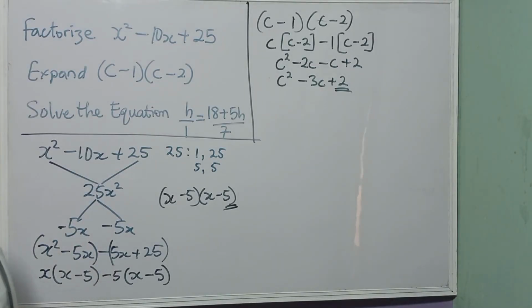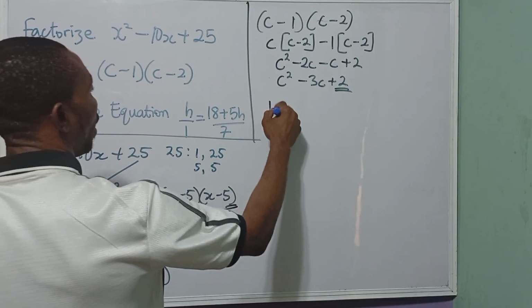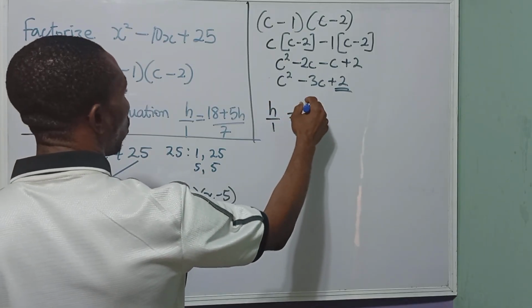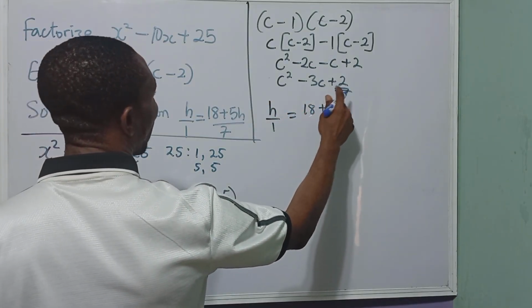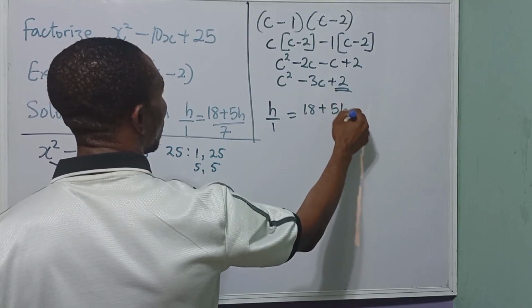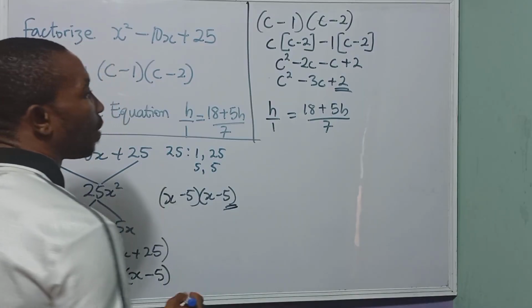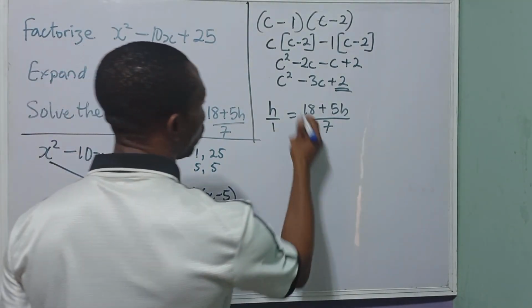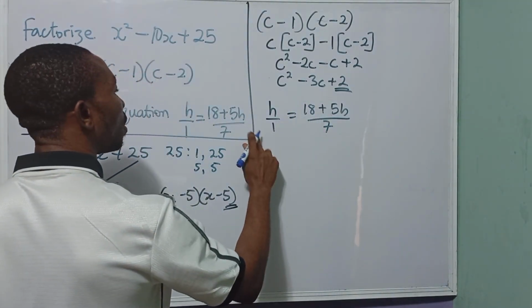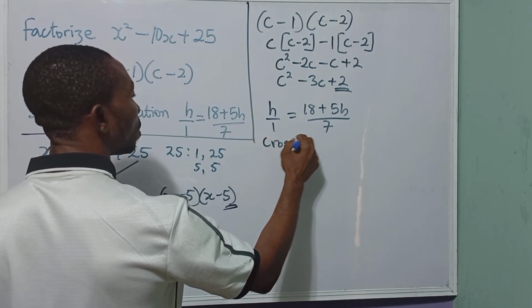To the third question, it says solve the equation. We have h over 1 equals 18 plus 5h all over 7. Now to solve this, we'll first of all cross multiply.